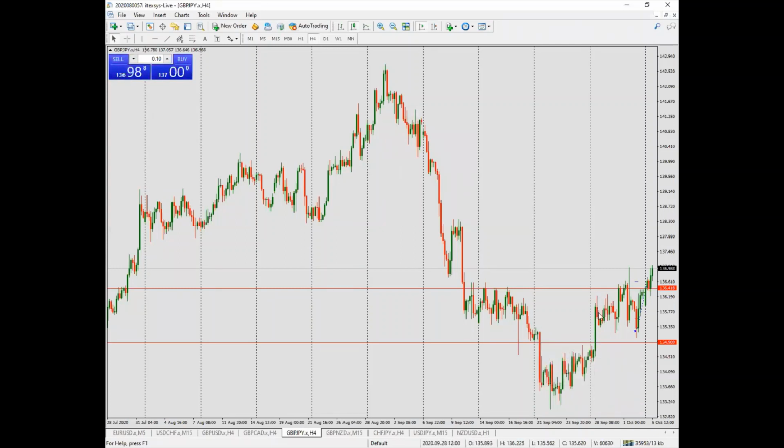A demand that broke out this supply must be a significant one. And once that happened and the price reached that high, and even then to this level, as you can see here, the price was here before going down to check this level again.